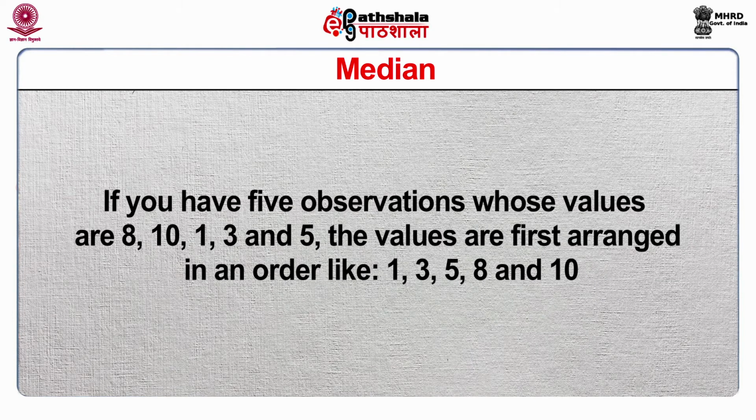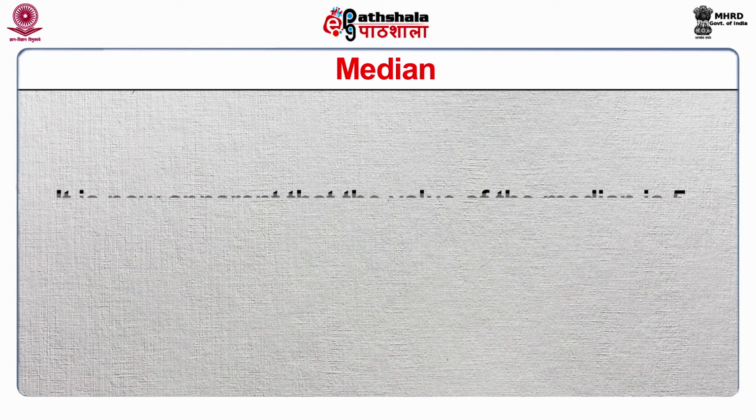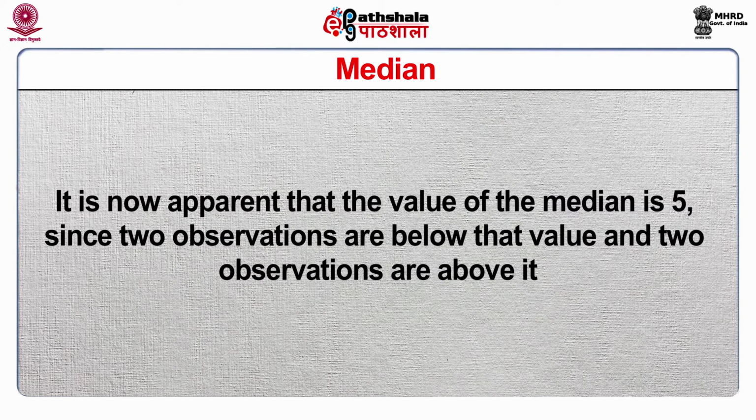For example, if you have 5 observations whose values are 8, 10, 1, 3 and 5, the values are first arranged in an order like 1, 3, 5, 8 and 10. This is an increasing order. It is now apparent that the value of the median is 5 since 2 observations are below that value and 2 observations are above it.